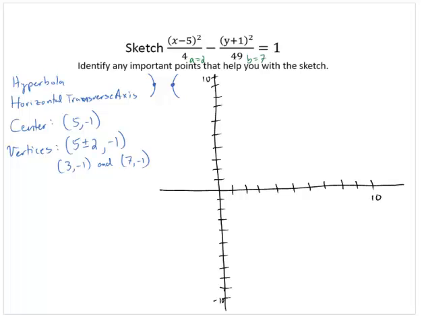Well, we know the center. The center is at (5, -1). The vertices are at (3, -1) and (7, -1).